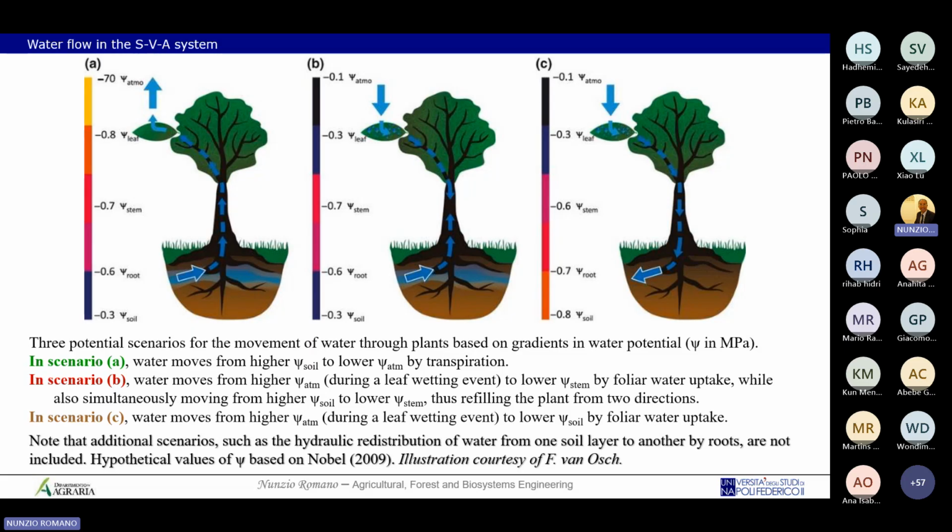I would like to make a provocation about scenario C, about the fact that water can exit the roots. You see the blue arrow in the soil in scenario C; it gives us the idea that there is an exudation, as plant physiologists used to say.